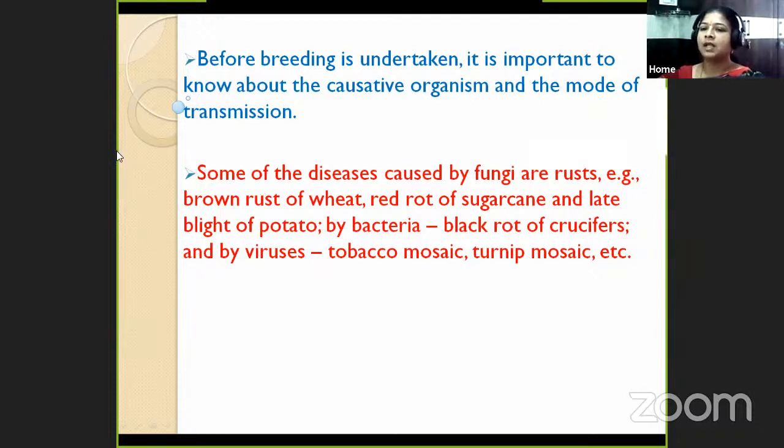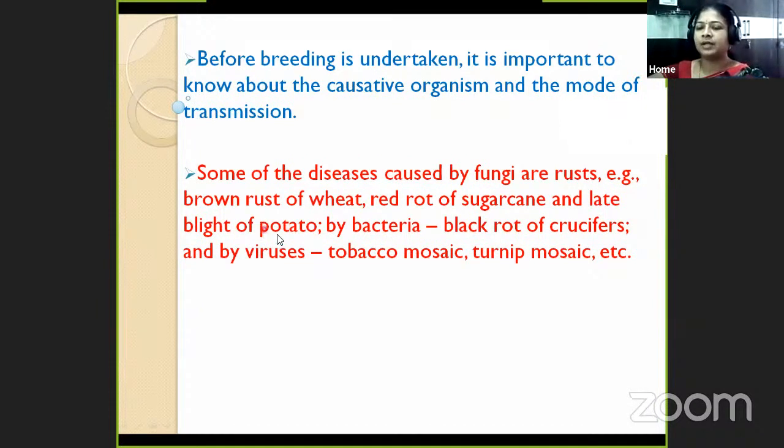Next, some of the diseases caused by fungi are rust, that is brown rust or red rust disease on wheat caused by Puccinia graminis, red rot of sugarcane caused by a fungal member, and late blight of potato.